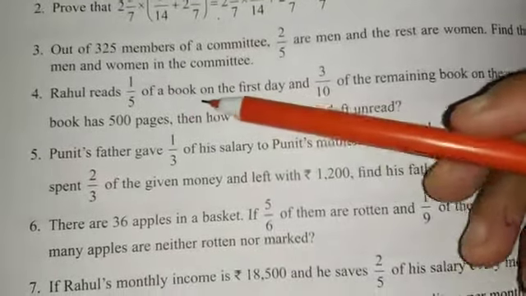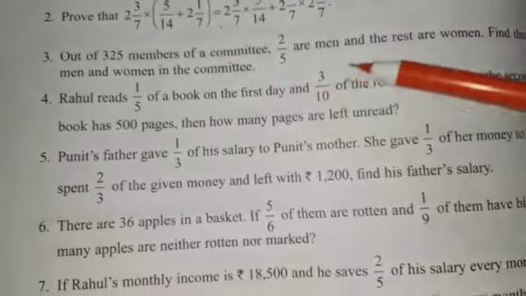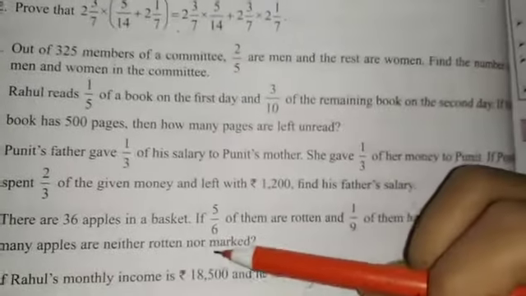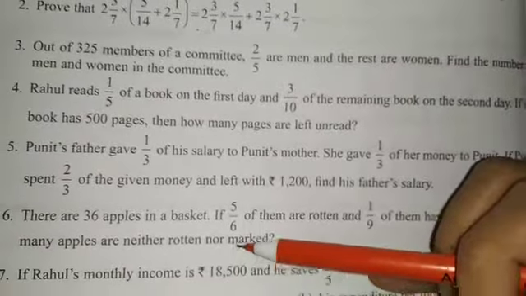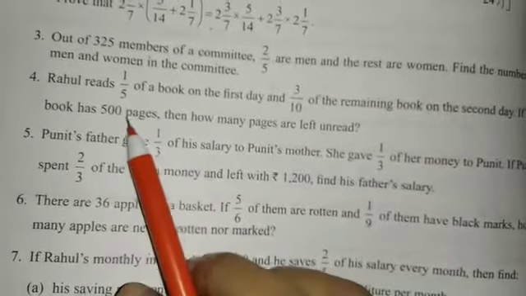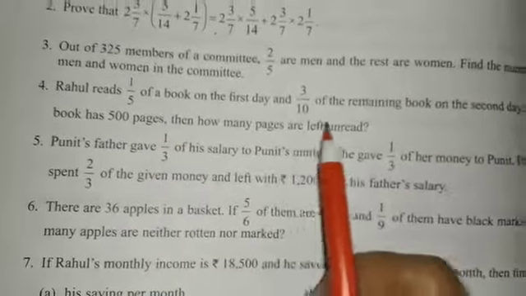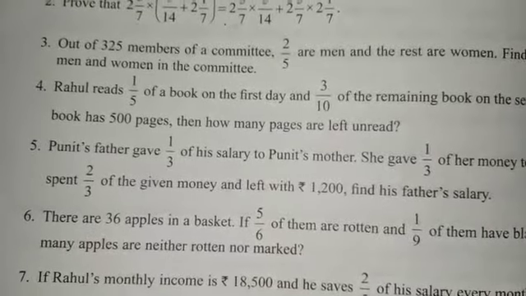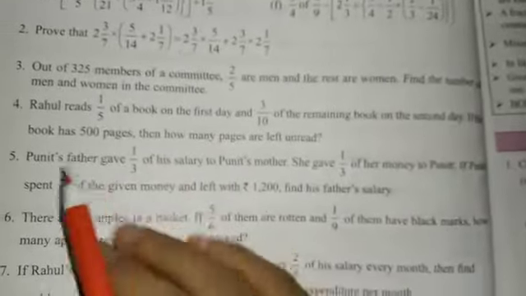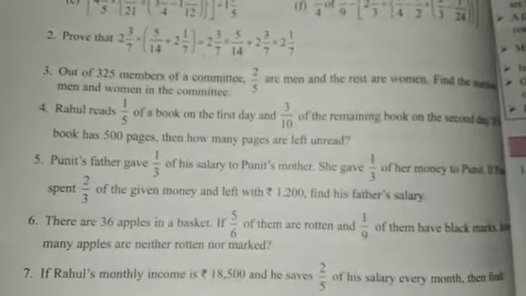Next, Rahul reads 1 by 5 of a book on the first day and 3 by 10 of the remaining book on the second day. If the book has 500 pages, then how many pages are left unread? So first we will find out 1 by 5 of the total number, that is 500.